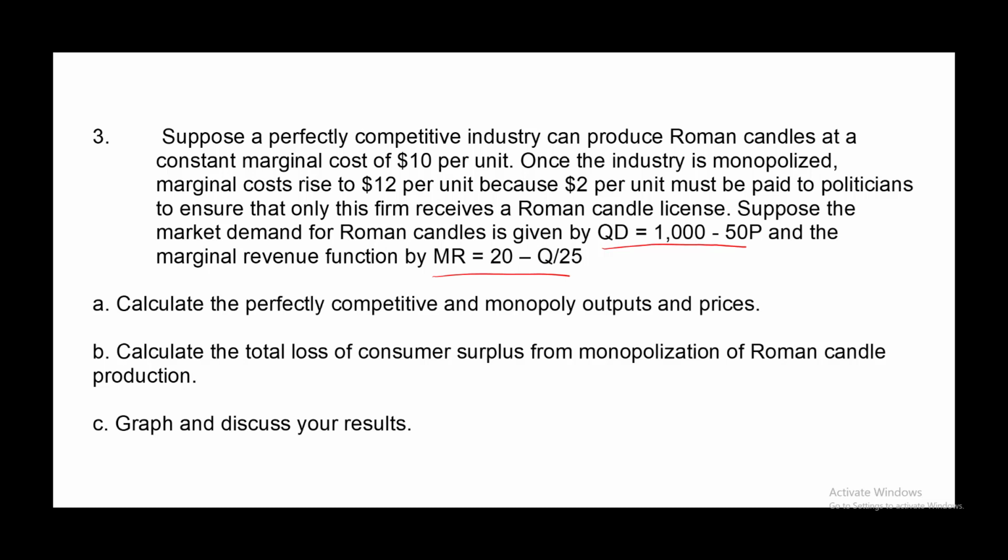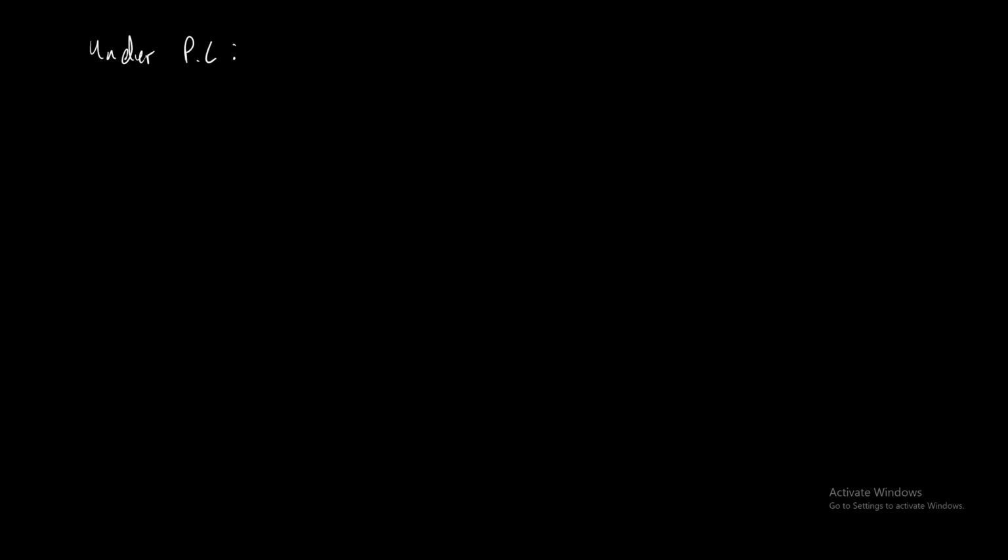Part A says, calculate the perfectly competitive and monopoly output and prices. Under perfect competition, in order to maximize profits, we must set price equal to marginal cost. The marginal cost under perfect competition was $10. So using the quantity demanded function, 1000 minus 50p, I will substitute the price of $10.